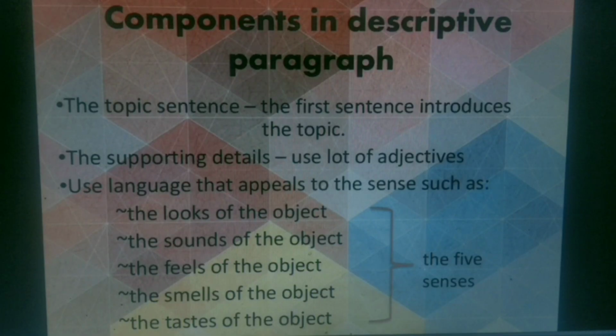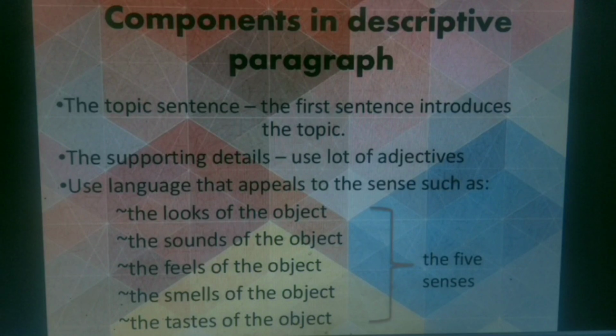Components in a descriptive paragraph. The topic sentence: the first sentence introduces the topic. Supporting details. So while speaking about a person or describing a place, you have to use a lot of adjectives.